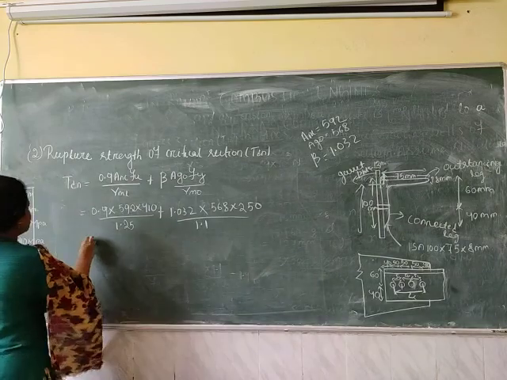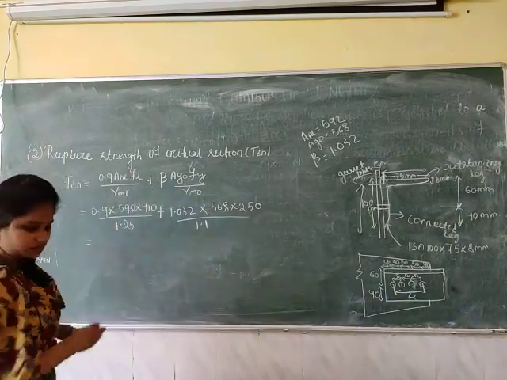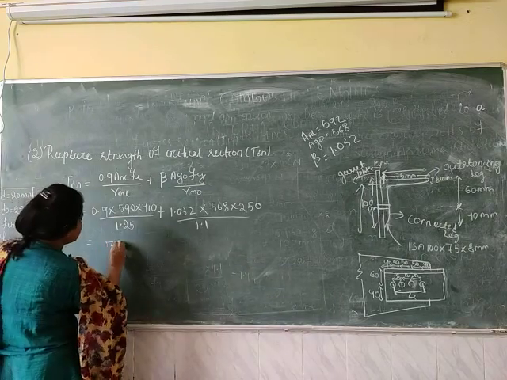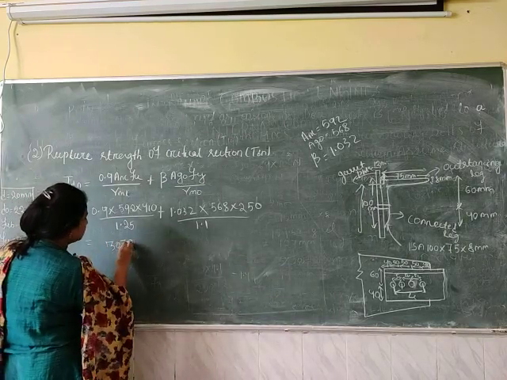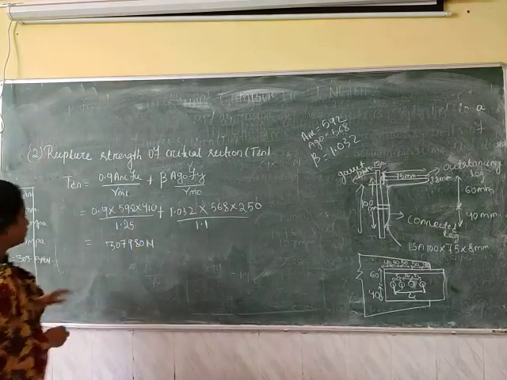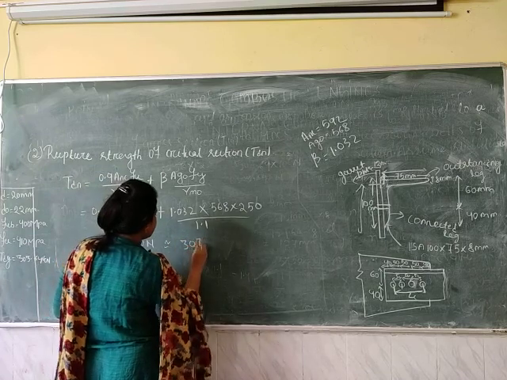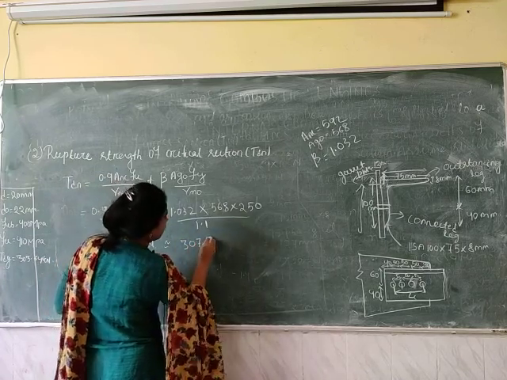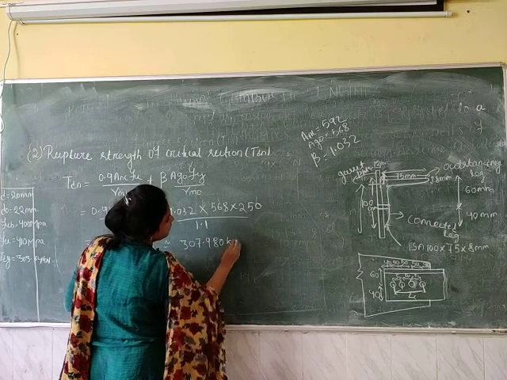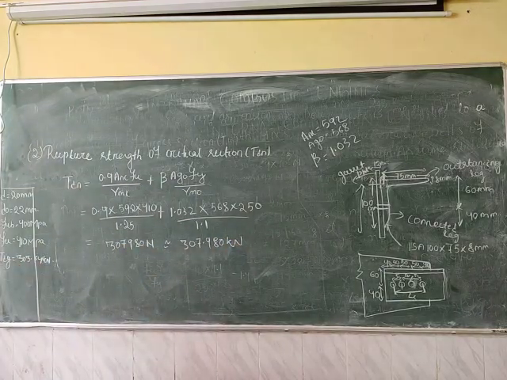Okay, so the value of the rupture strength is coming 307,980 Newton. Then write this value in kilonewton, that is 307.980 kilonewton.